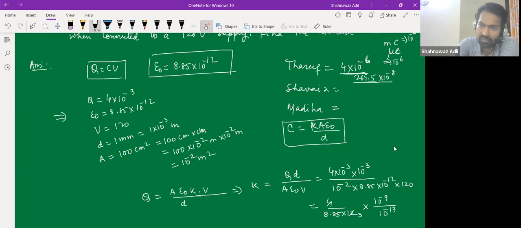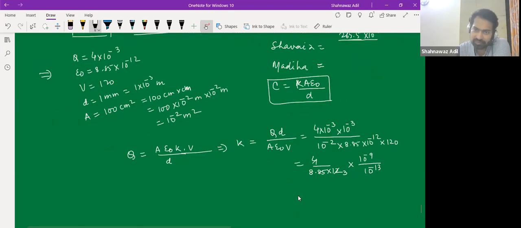Correct, correct. So 3 5s are 15, and then this is 25, and then 24 and 26. And then this is 10 to the power 4, since 9 plus 13, so 4. So what is 1 divided by 26.5?